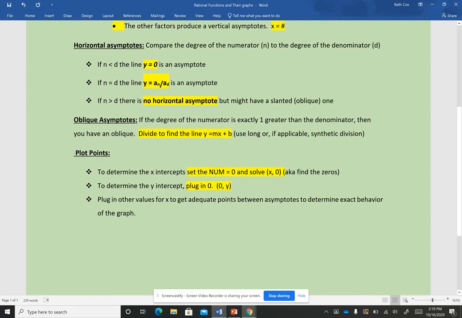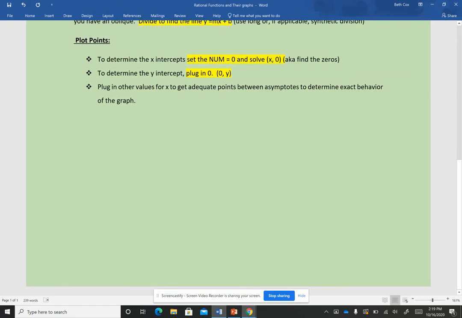Then we're going to go down to plotting points. Once we've determined our asymptotes, we might need to plot some points to figure out which one of these graphs my multiple choice is going to work. Okay, and so that's what we're going to do here.